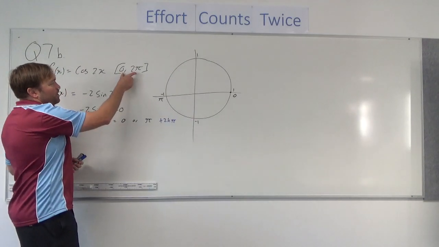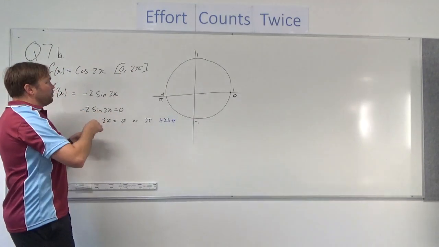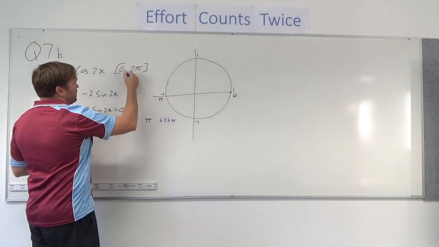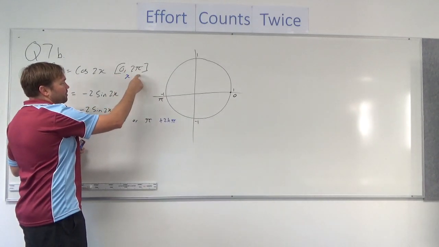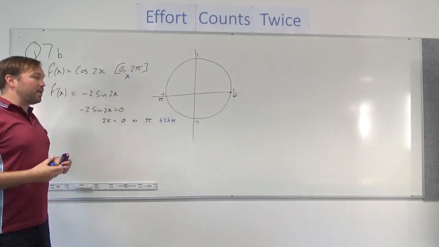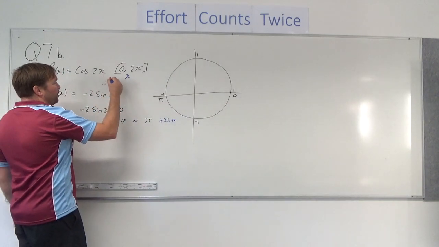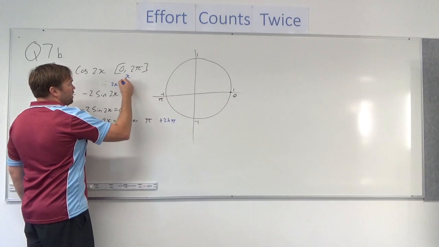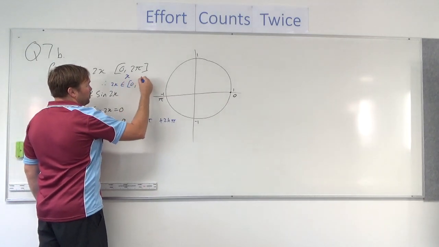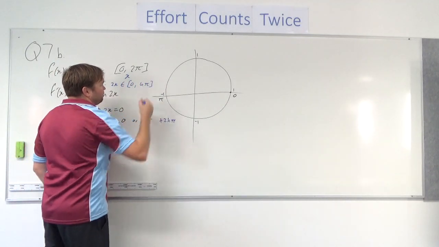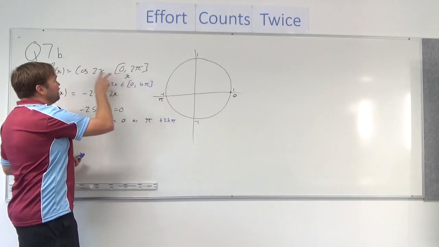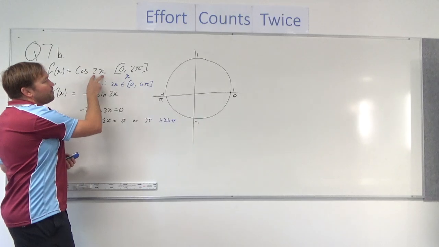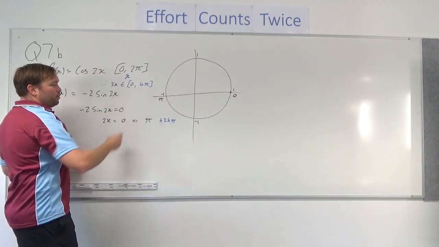So this implies one loop around the circle, but really, this is the domain for x. X goes between 0 and 2 pi. I would be writing somewhere that, therefore, 2x is a member of 0 to 4 pi. If x is between 0 and 2 pi, when you double it, that bit in there can go between 0 and 4 pi.